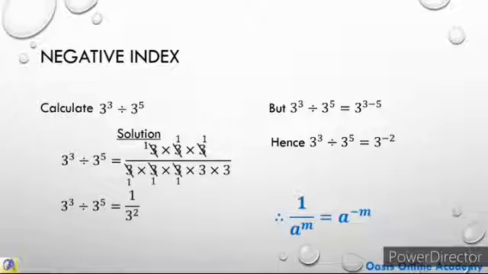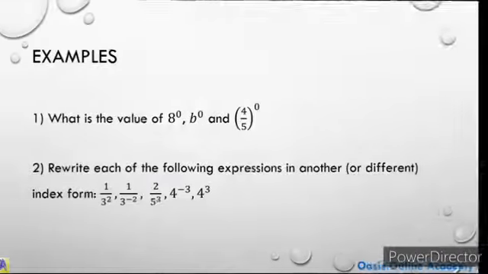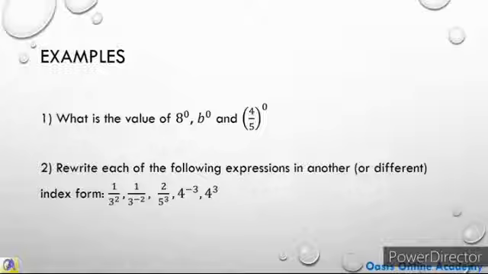It means that 1 all over 3 squared is the same as 3 to the power negative 2. So any number written as 1 all over a to the power m is equal to a to the negative m.